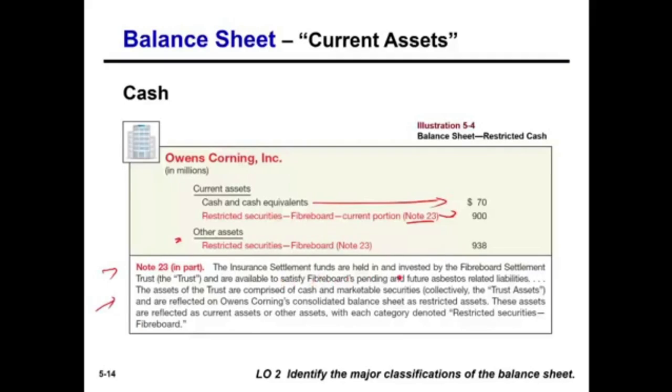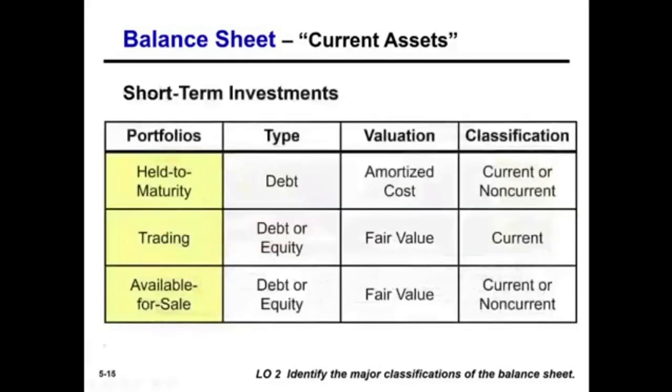The insurance settlements fund are held and invested by the Fibreboard Settlement Trust and are available to satisfy the pending and future asbestos related liabilities. These assets of the trust are comprised of cash and marketable securities and are reflected on the Owens Corning consolidated balance sheet as restricted assets. So those are restricted securities, and they're telling you why they're restricted. It's to pay asbestos liabilities. So if there's any restriction, you have to tell us what the restriction is all about.